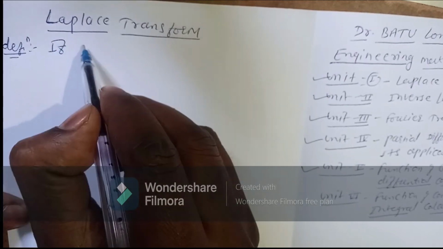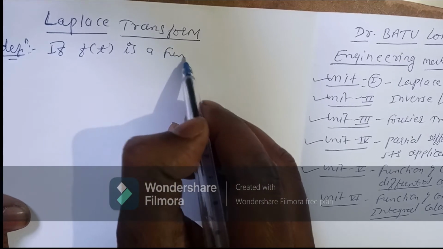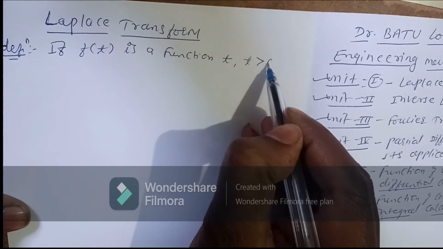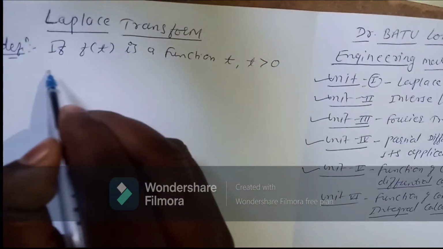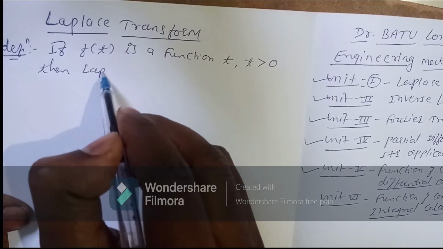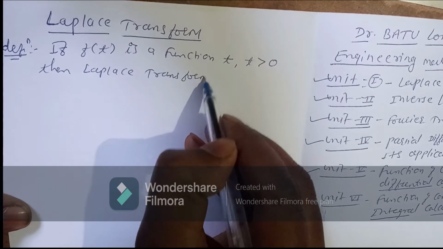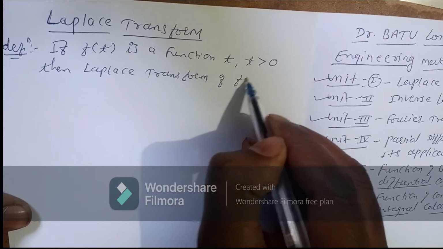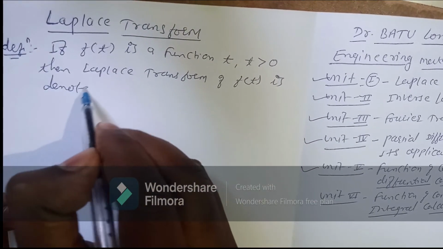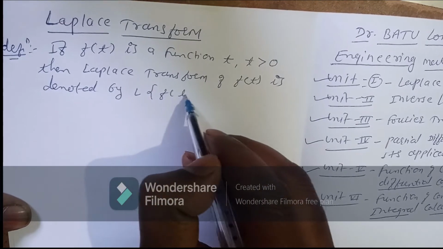If f of t is a function of t where t is greater than 0, that is positive, then the Laplace transform of f of t is denoted by L of f of t.